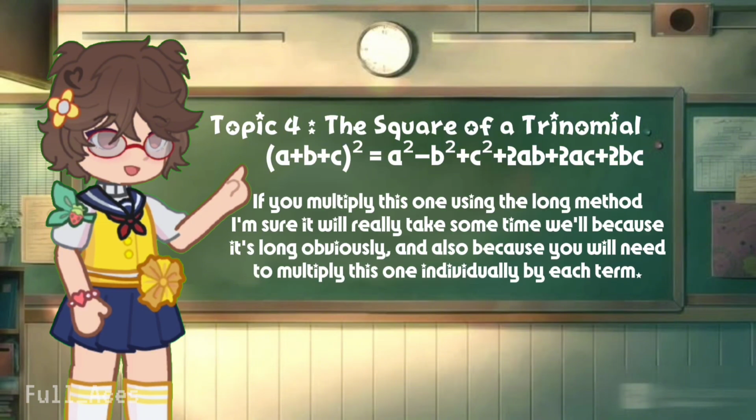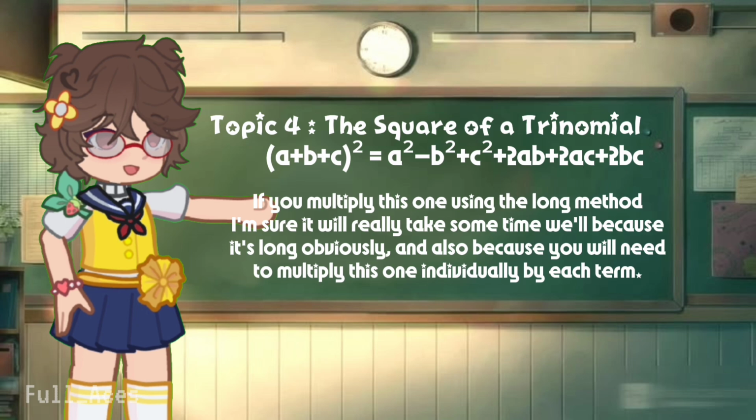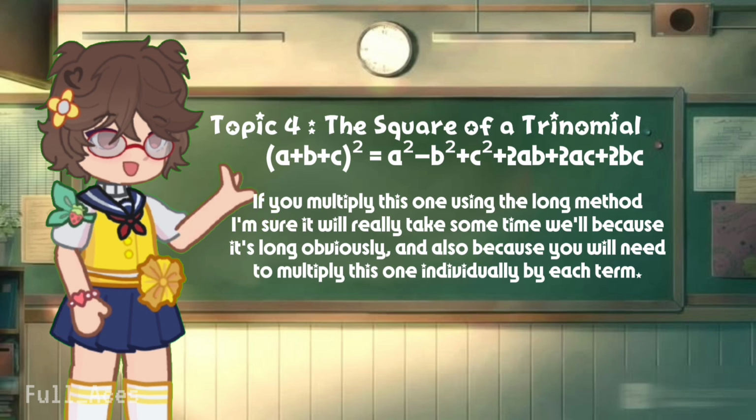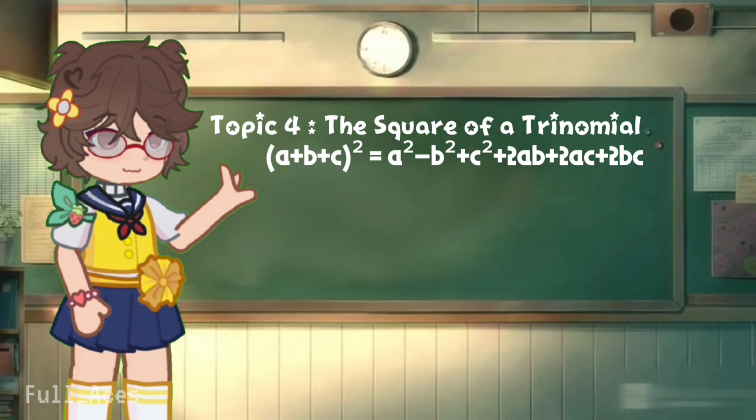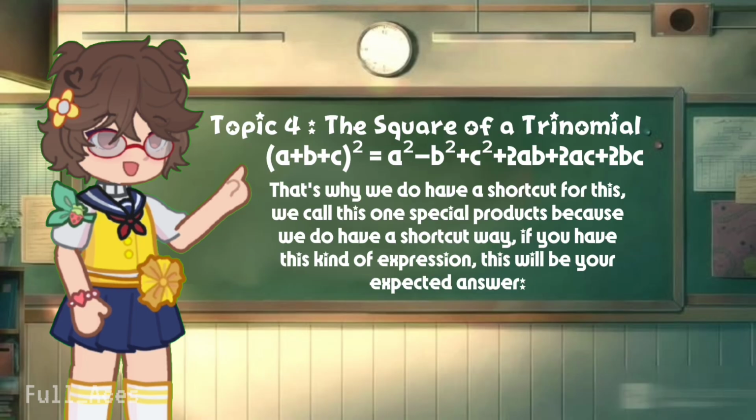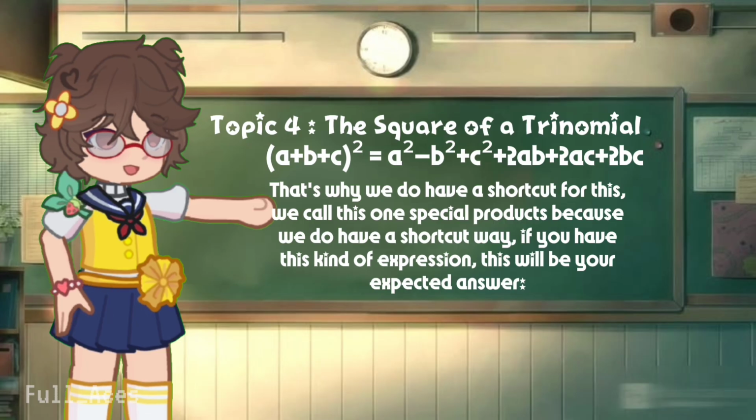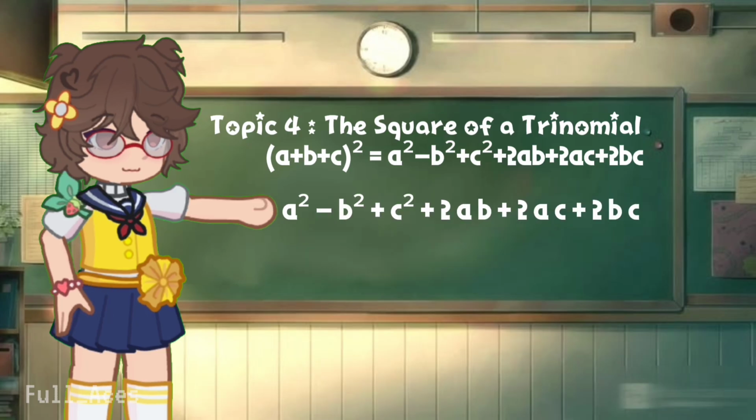If you multiply this using the long method, I'm sure it will take some time, because it's long, obviously, and because you will need to multiply it individually by each term. That's why we have a shortcut for this. We call this one special products because we have a shortcut way. If you have this kind of expression, this will be your expected answer.